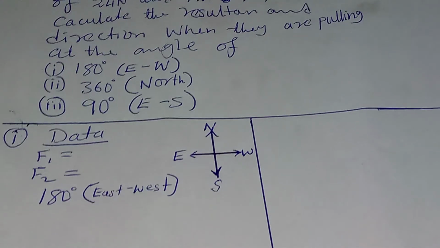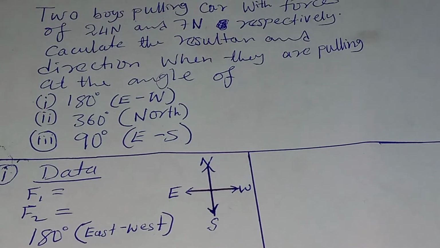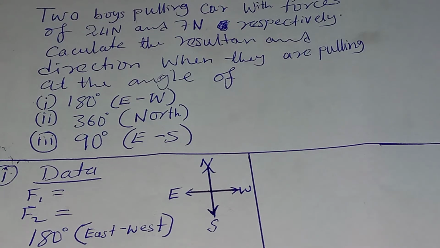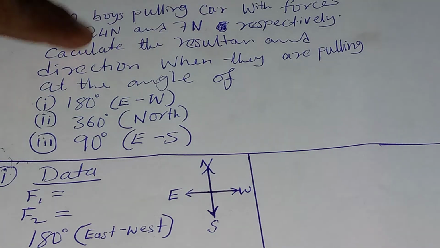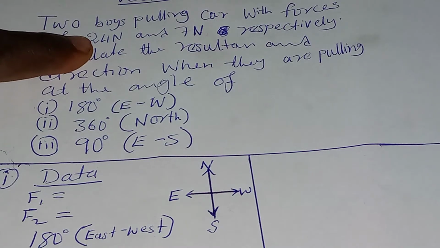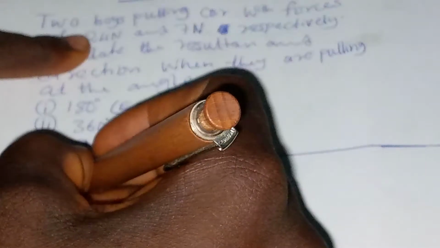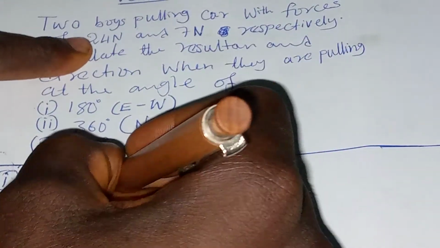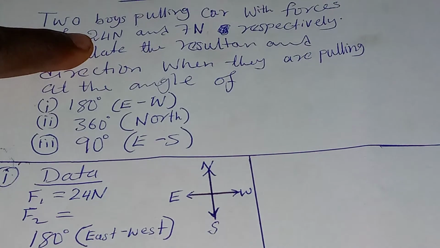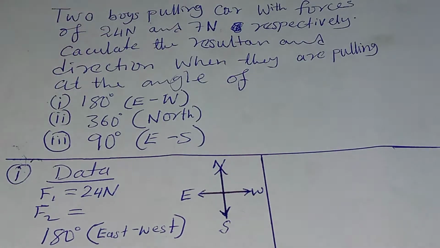So we have to check the reading to identify force 1 and force 2. Two boys pulling a car with force of 24 Newton, so we consider 24 Newton to be F1. Then F2 will be 7 Newton.